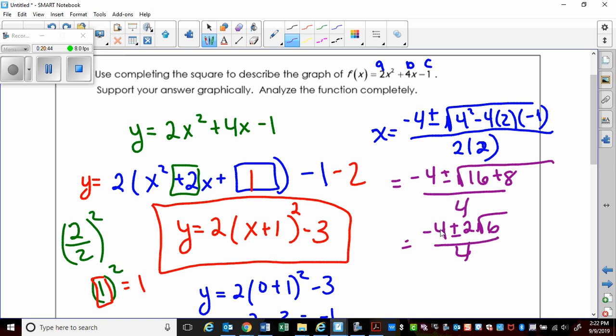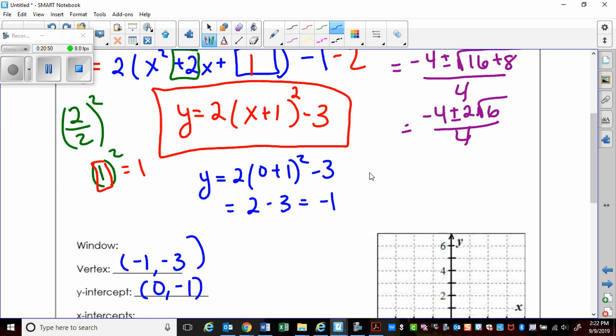And we can factor out 2 out of every single term. So what we can simplify this to is our x-intercepts are negative 2 plus or minus the square root of 6 over 2. So I guess we couldn't actually factor this.